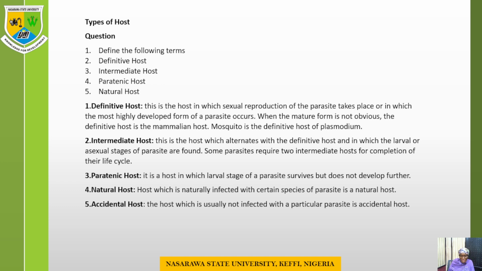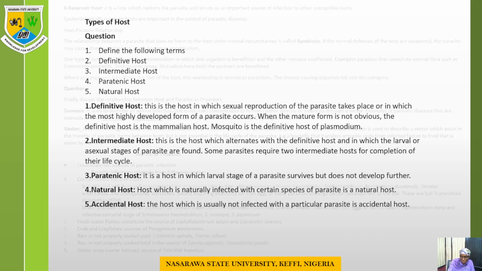Then we have the natural host. It is a host which is naturally infected with certain species of parasite. And lastly, we have accidental host. Here the host is usually not infected with a particular parasite, and is referred to as accidental host.